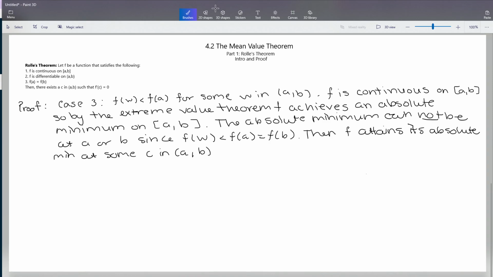Since f of c is the absolute minimum, it is also a local minimum. And we know that f is differentiable on AB.